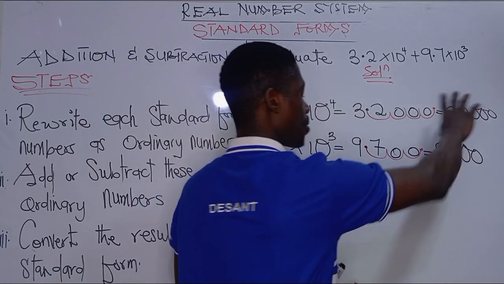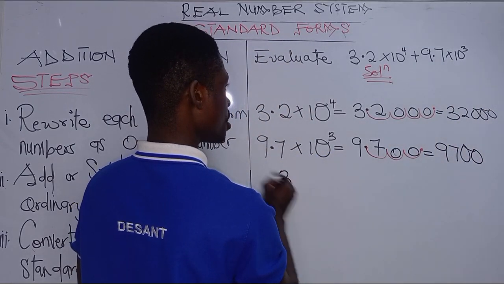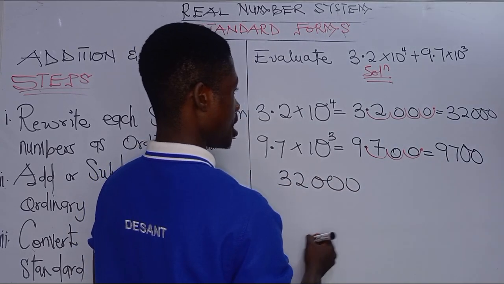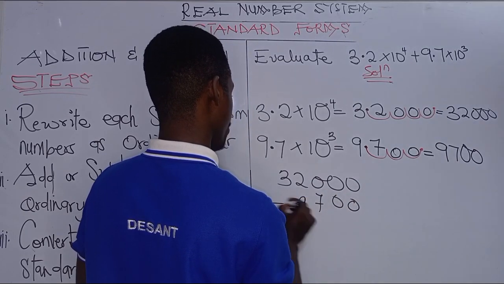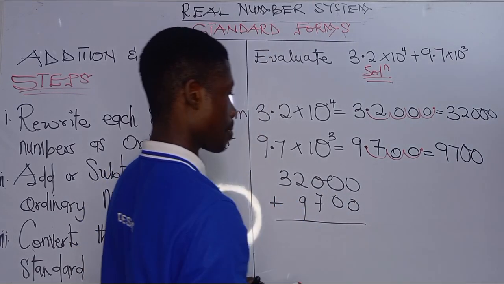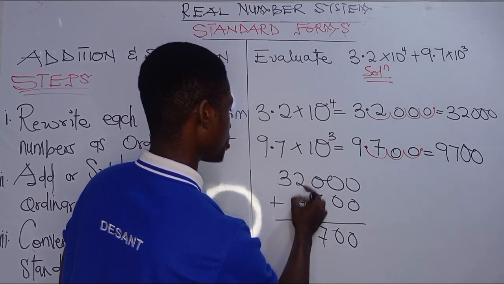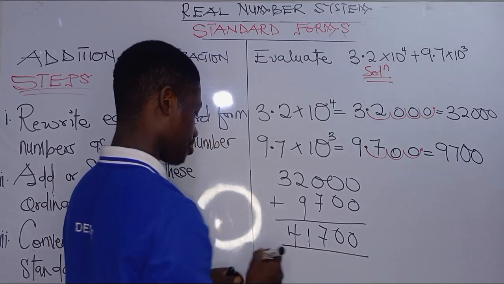we add these ordinary numbers together. So we have 32000 plus 9700. We are going to add them together. So we have 0, 0, we have 7, we have 1, and then 4. Good.